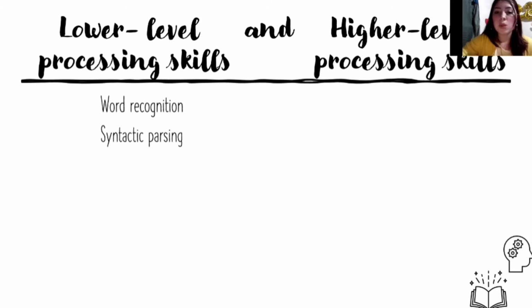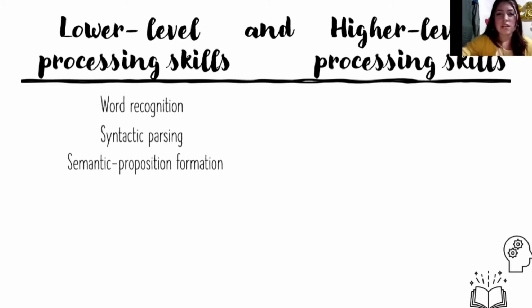It disambiguates the meaning of words with multiple meanings and determines what definite articles and pronouns are the most suitable for the text. And a third and last process at this level is semantic proposition formation.